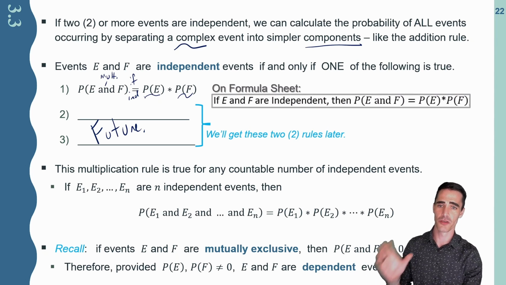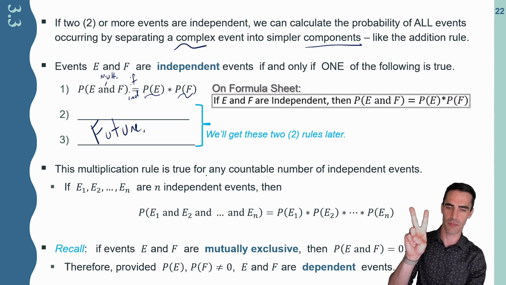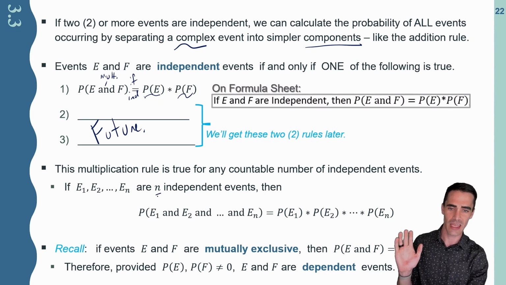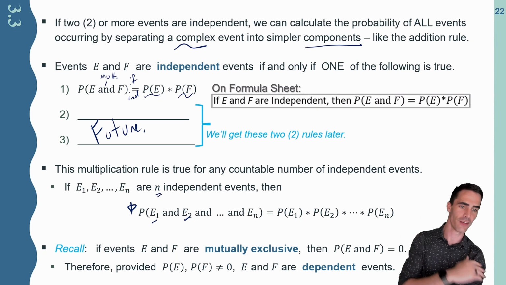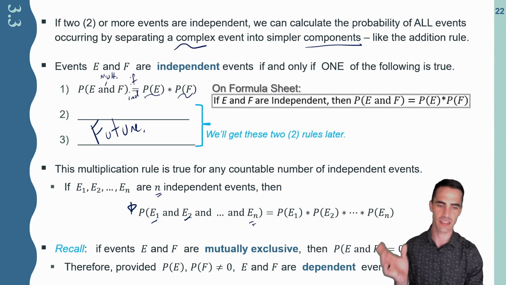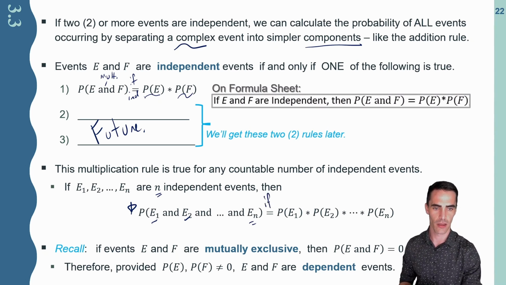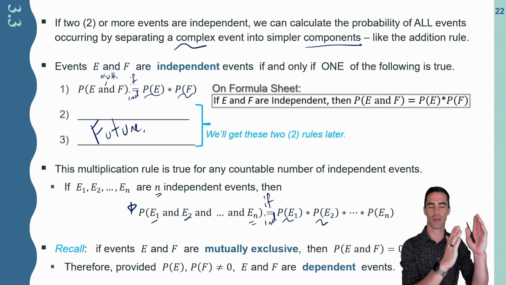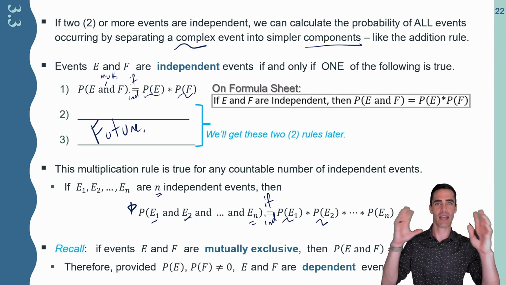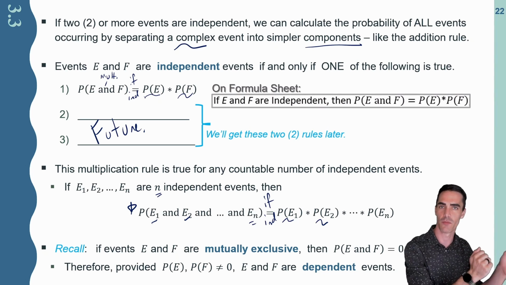So this multiplication rule is true for just 2 events. If 2 events are independent, it's also true for n independent events, and that's what this little rule basically says, that if you have 1, 2, 3, 4, 5, n events, then I can separate it, provided they're independent, to the first event times the second event times the third event. And so we can take this big complicated problem looking at all these things happening, and instead of looking at this massive event, I can break it down into smaller components.